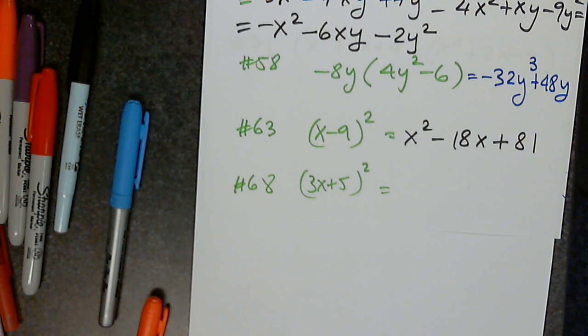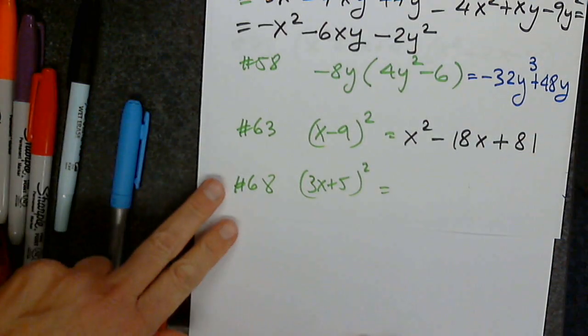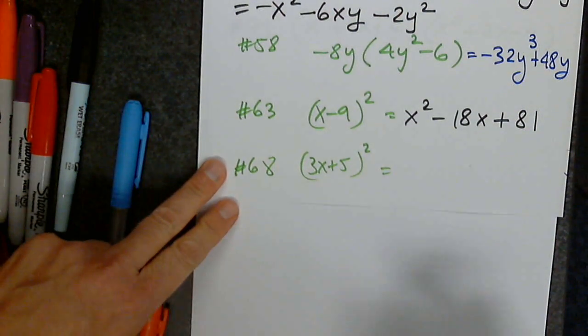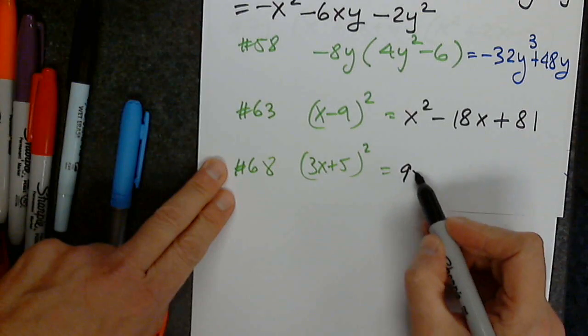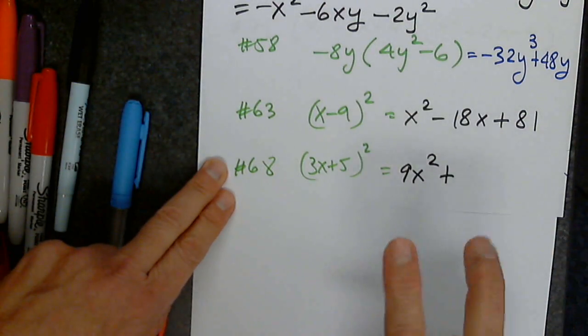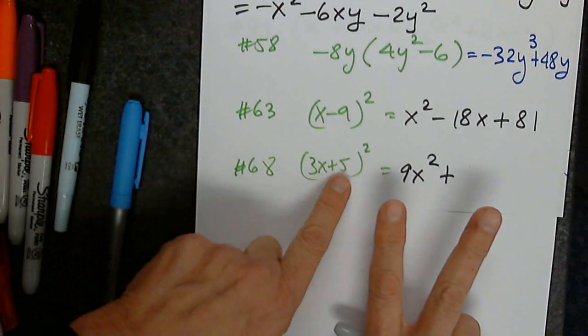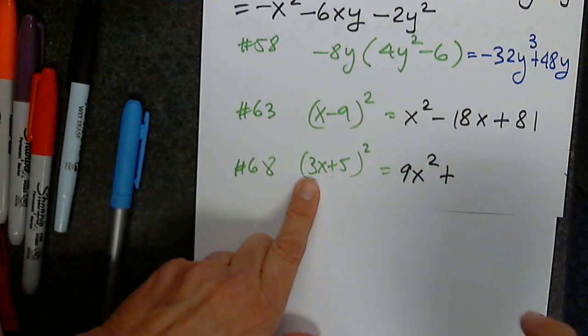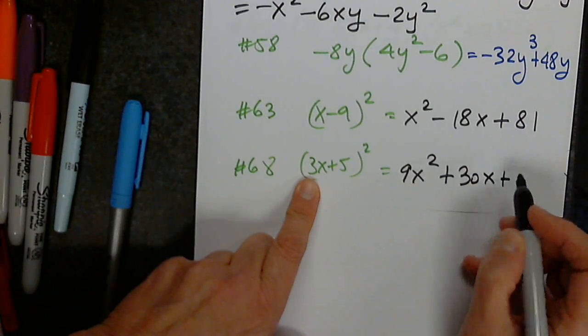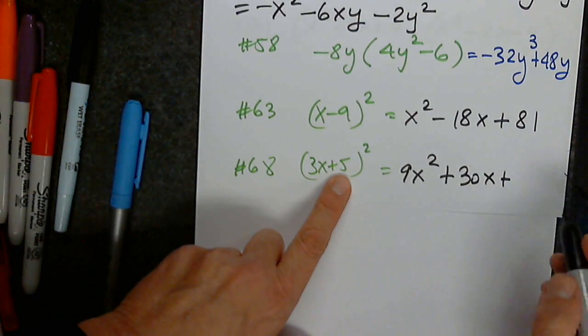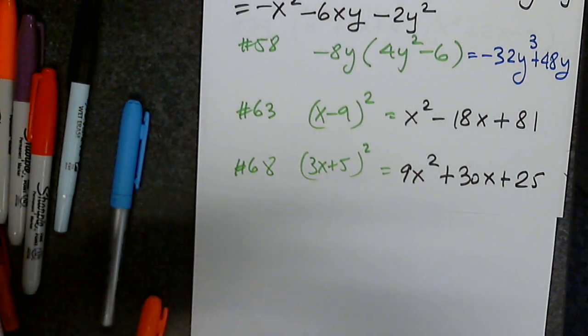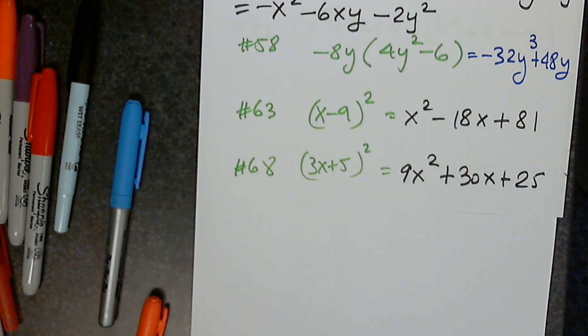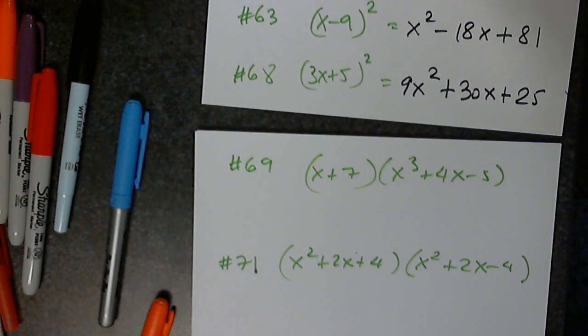Okay, 68. Let's try the formula one more time. The special product: first term squared, plus 2 times 5 times x is 10, 30x, very good, plus the second term squared, 25. Very good.